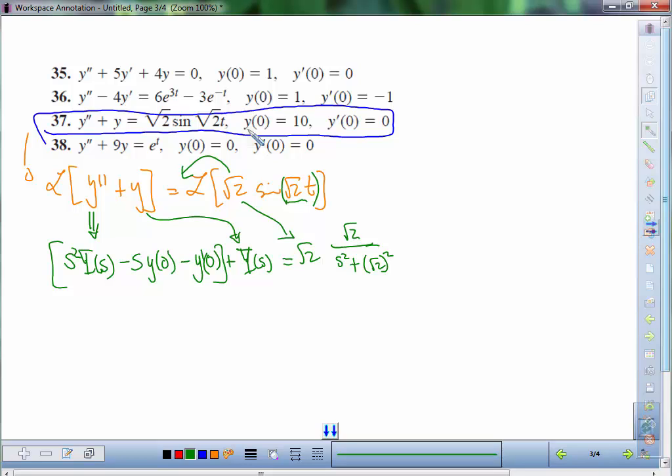All right, got some simplifying to do here. Algebra, all algebra. So I'm going to underline my y of s terms. So I have an s squared plus 1 y of s minus, I have an s here times y of 0. Y of 0 is 10.